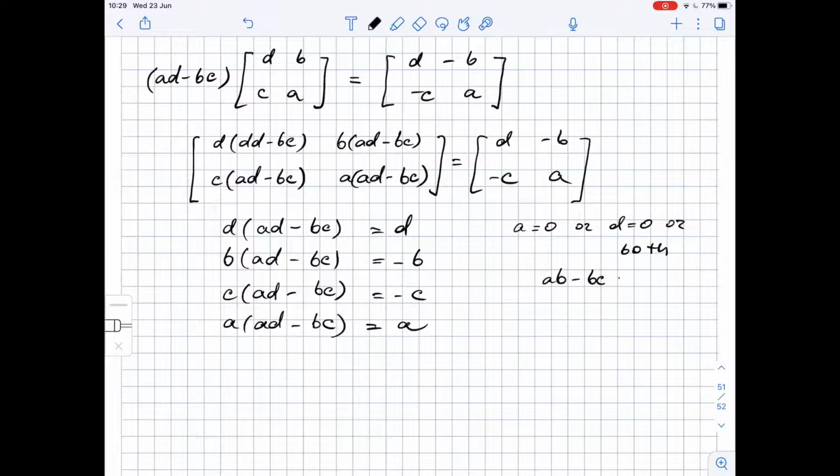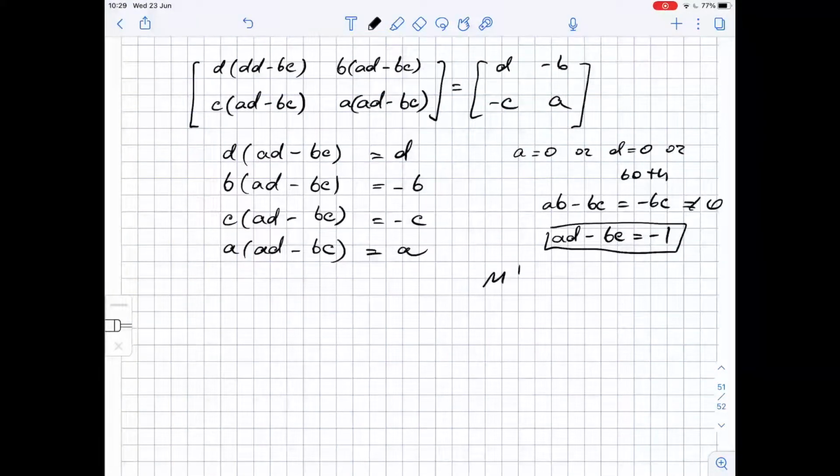Then AD minus BC equals minus BC, and it doesn't equal 0. Then B and C are both non-zero. In that case, AD minus BC equals negative 1. So M star equals M inverse if either A equals 0 or D equals 0 or both, and AD minus BC equals negative 1.